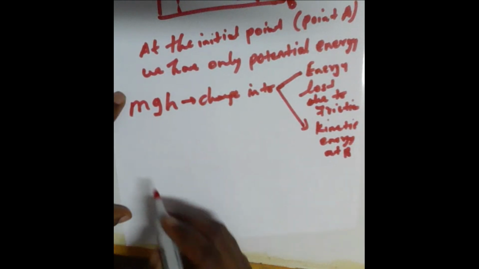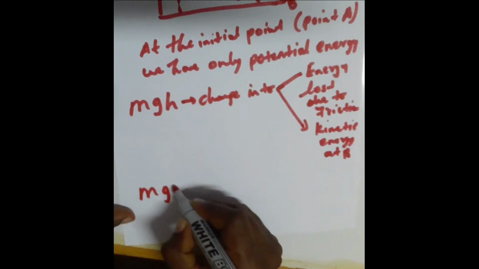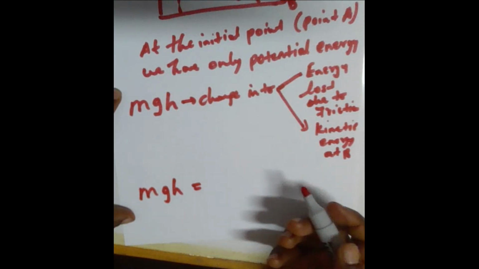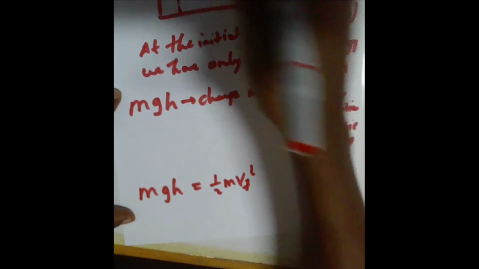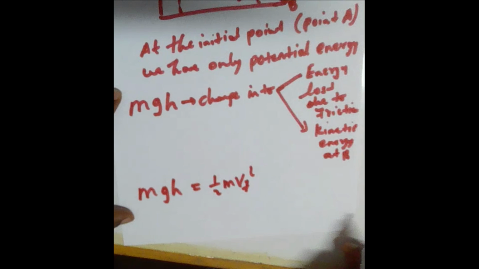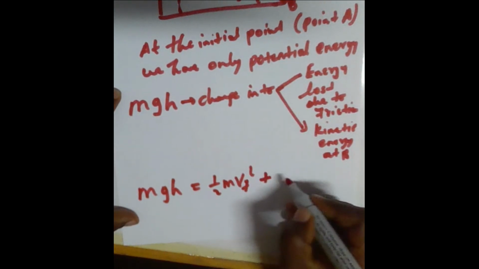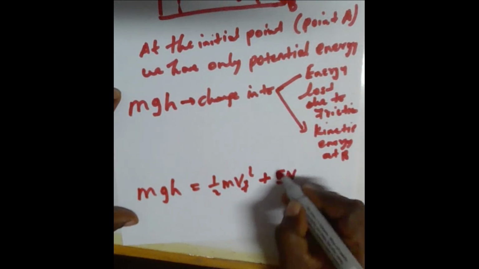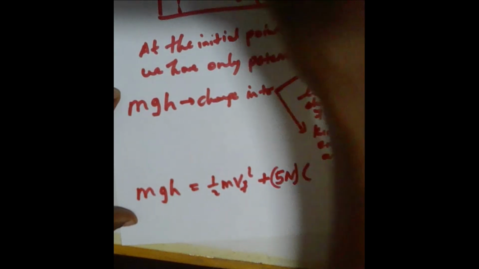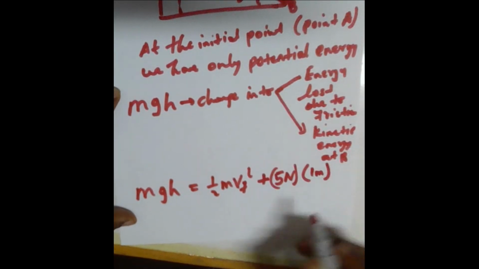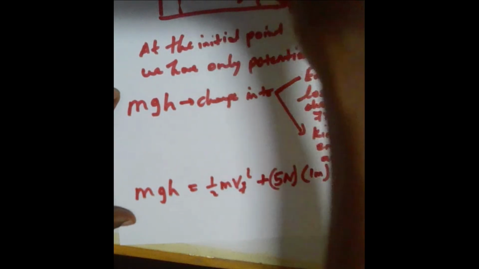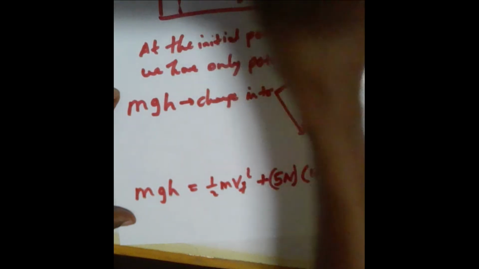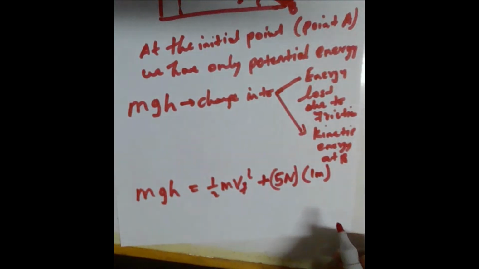Therefore, the general formula is mass times gravity times h, which is the potential energy here, changed into the kinetic energy half m v final square here, plus the energy change due to friction. The frictional force is already given, which is 5 Newton, multiplied by the distance of this ramp, which is 1 meter. So the energy loss from point A to point B due to friction is calculated using this formula.